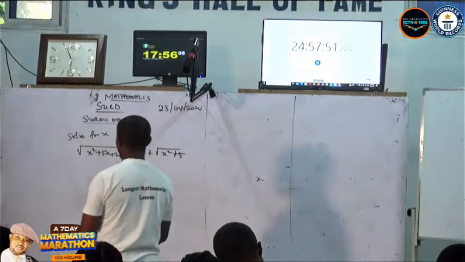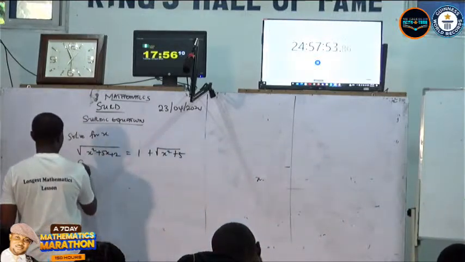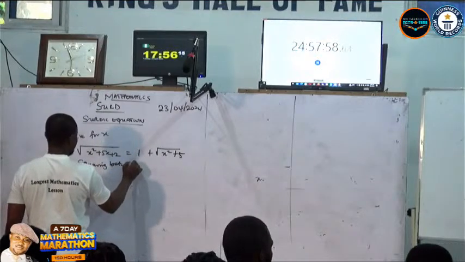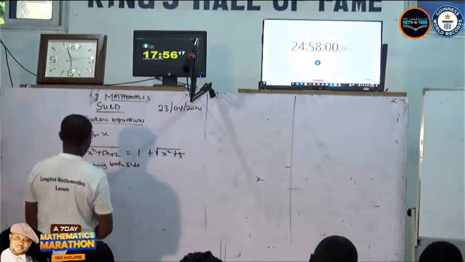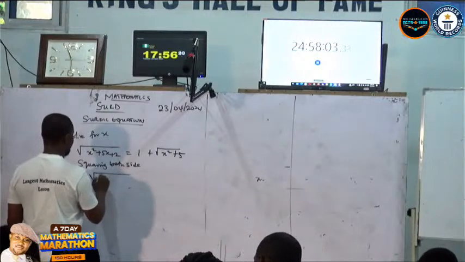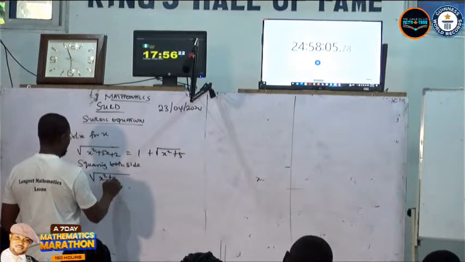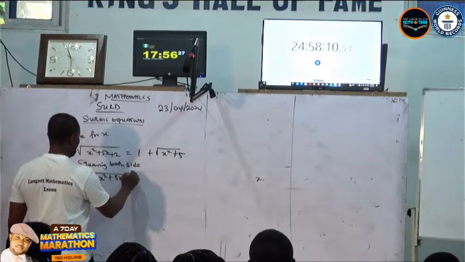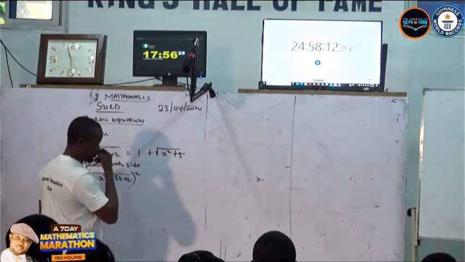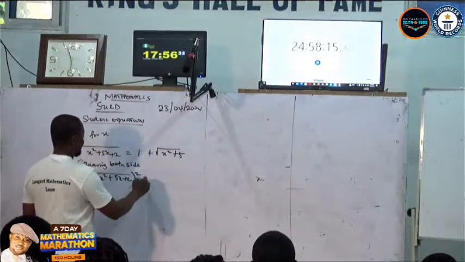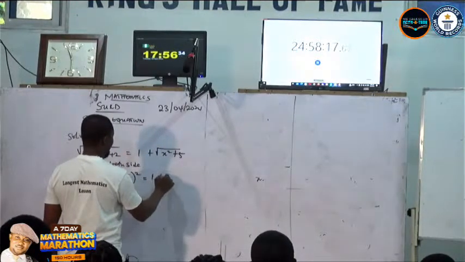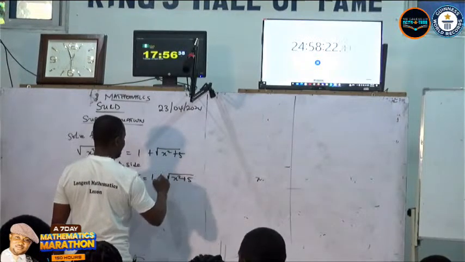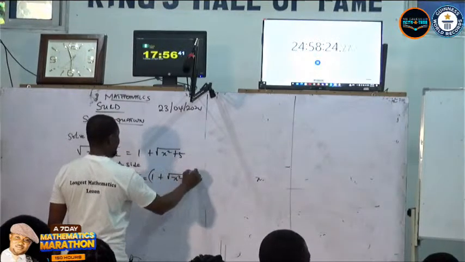So squaring both sides, you're going to have the square root of x squared plus 5x plus 2, all squared, equals 1 plus the root of x squared plus 5, all squared.